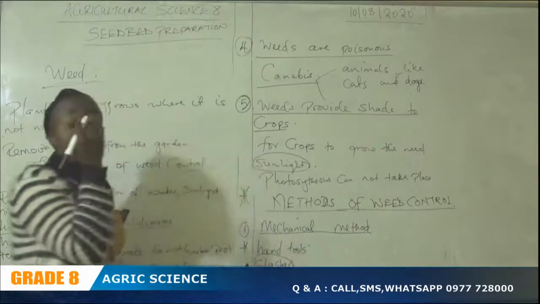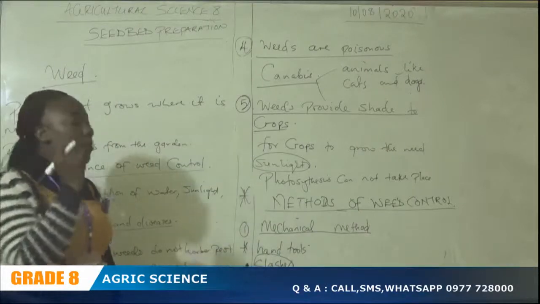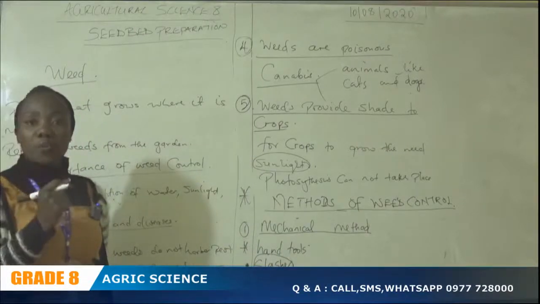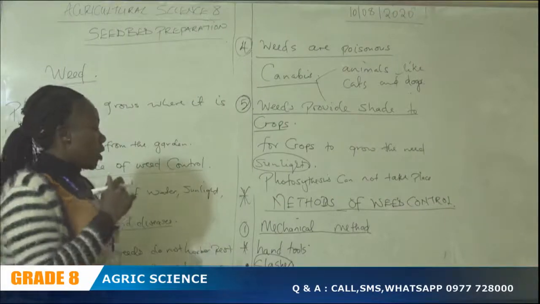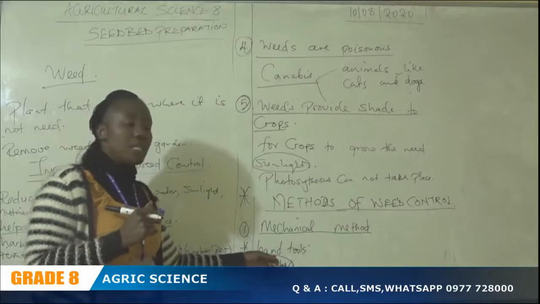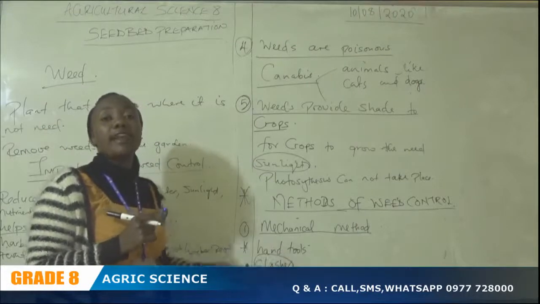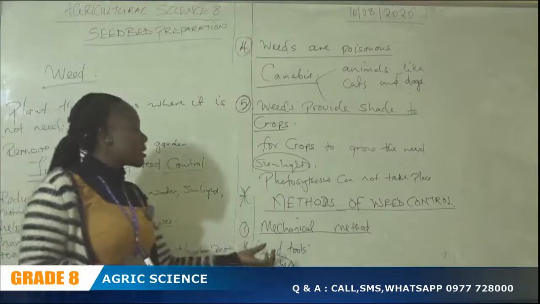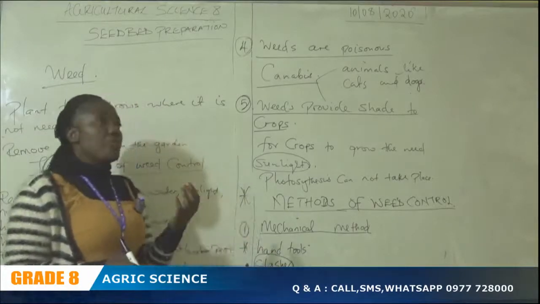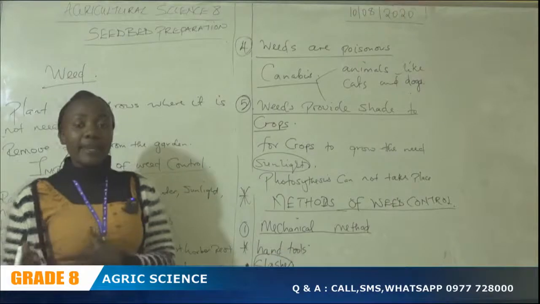How do you use a slasher? Bear with me when you have grown crops. You cannot slash the weeds from the crops when the crops are in the garden. It is not possible. So you only use a slasher when you've harvested your crops from the garden.